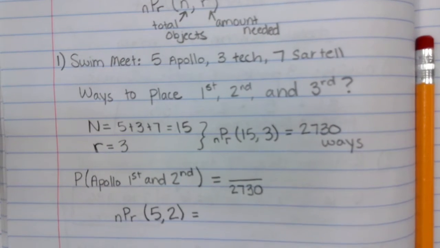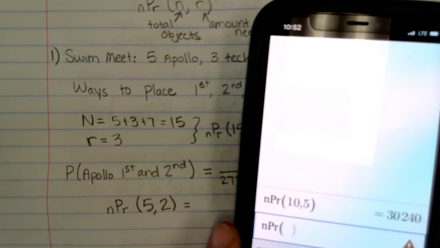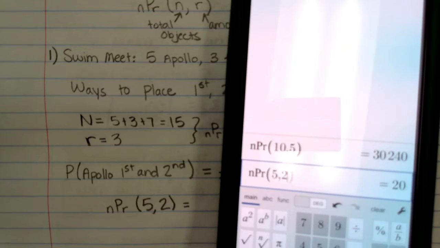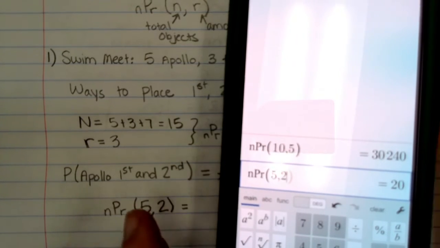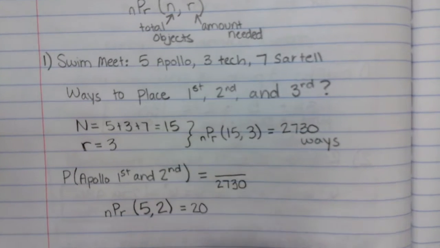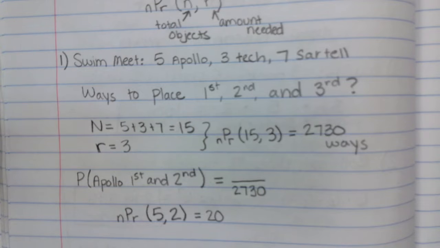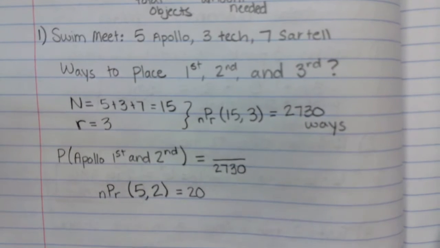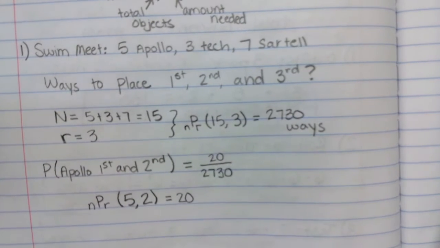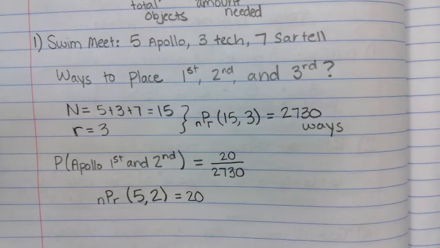So there's 20 ways that Apollo could get first and second place based on their 5 swimmers. So for probability, there's 20 ways where we get first and second out of 2,730 different ways total. If we simplify 20 over 2,730 as a fraction, we get 2 over 273.